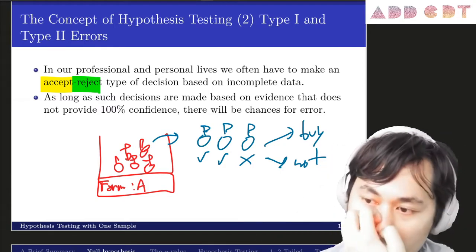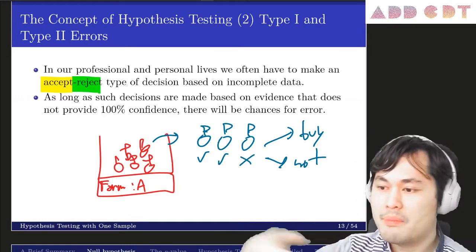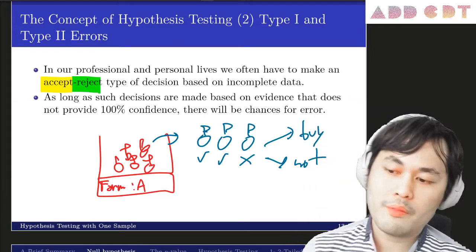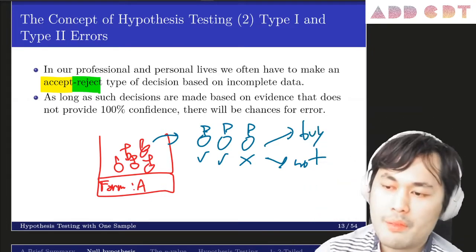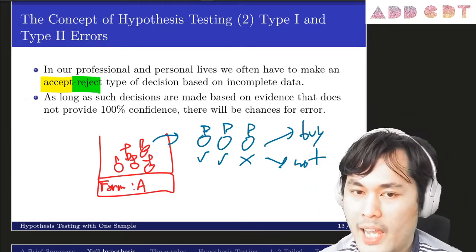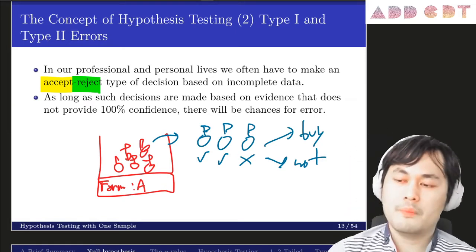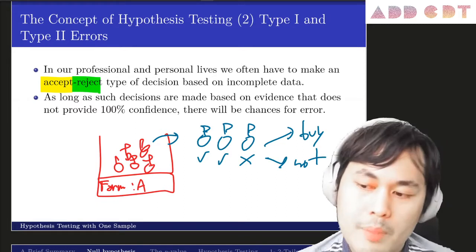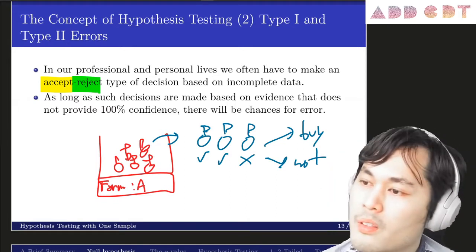Since maybe you want to buy millions of apples, there is no way you can check every single one. So you have to get a random box and look at it and determine if this farm produces good enough quality apples for you, right?